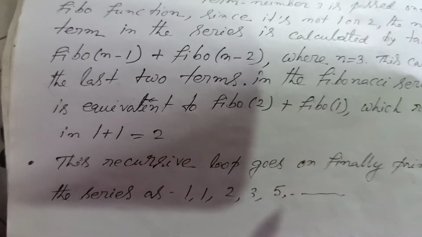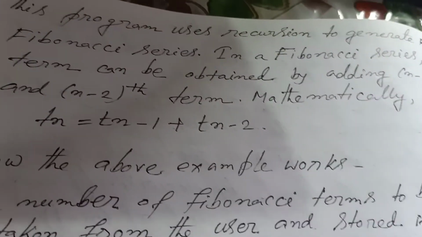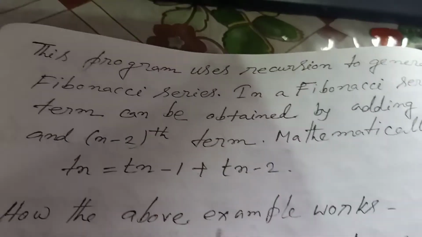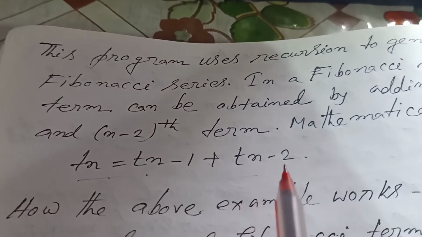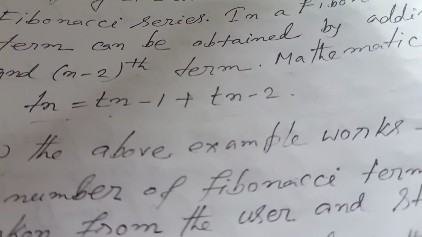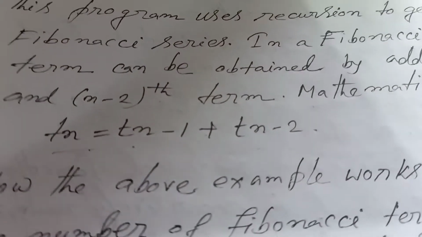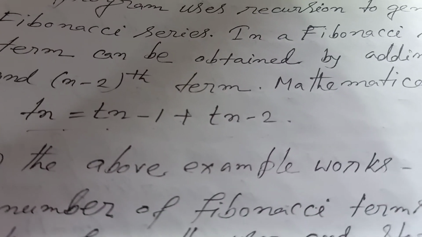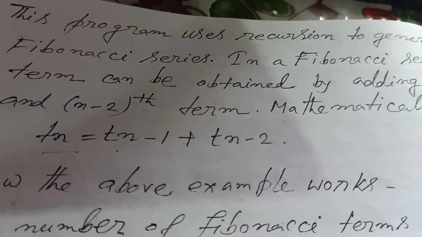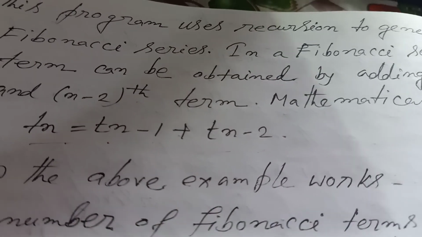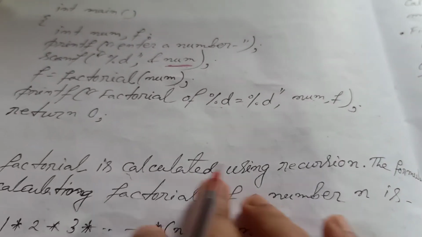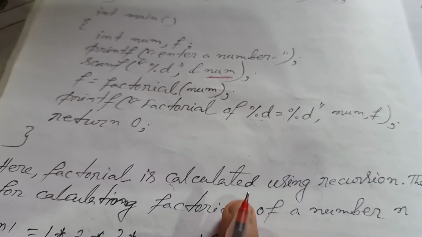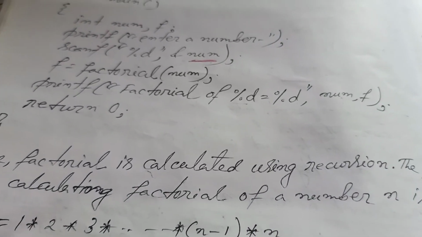That means the Fibonacci series uses this formula: Tn equals Tn minus 1 plus Tn minus 2. That means the first two initialized numbers are added and we get the third. So if we are initializing it with 0 and 1, first 0 and 1 will be displayed.